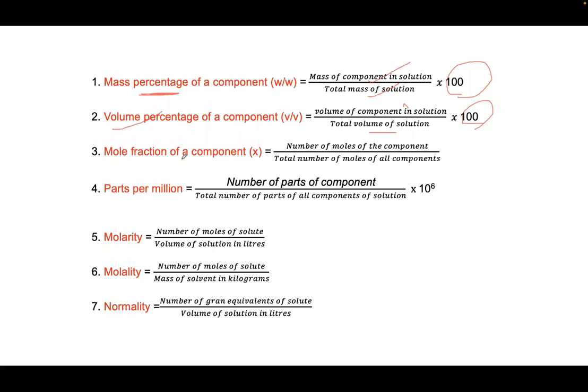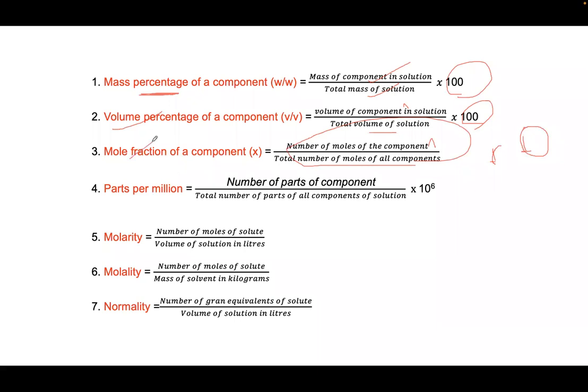Now, mole fraction is a different concept. Mole fraction shows the fraction of how much the particular component is present in the total system. So the number of moles of the component A by the total number of moles gives the mole fraction. Since this is a fraction, the highest value the mole fraction can have is 1, not more than that.